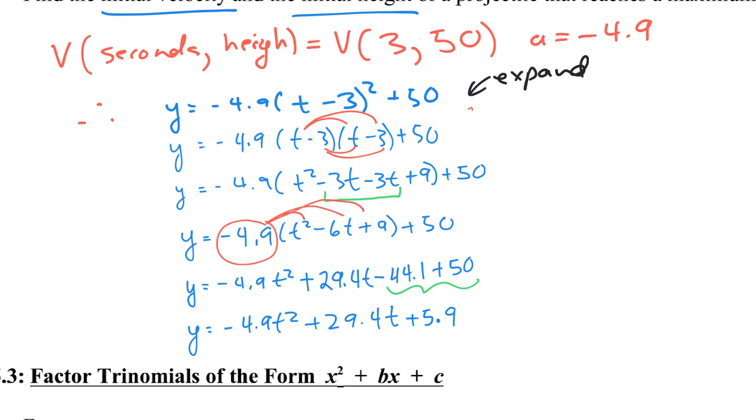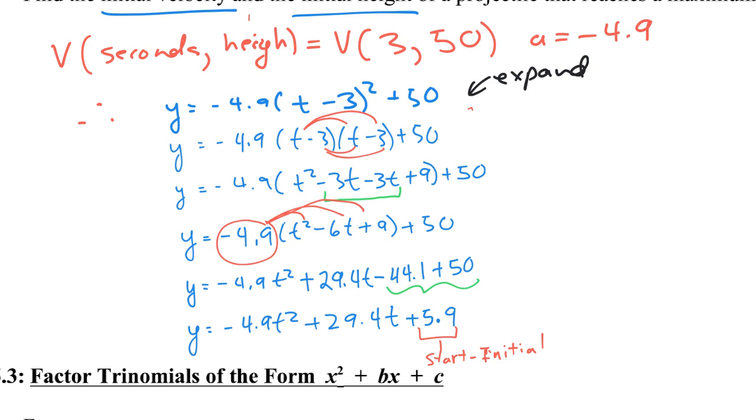Now, what exactly does that mean? Okay. All right. So based on what we know, this value here is the start height, also known as the initial height. So you'll hear the term initial height or start height, and that is what our 5.9 is.